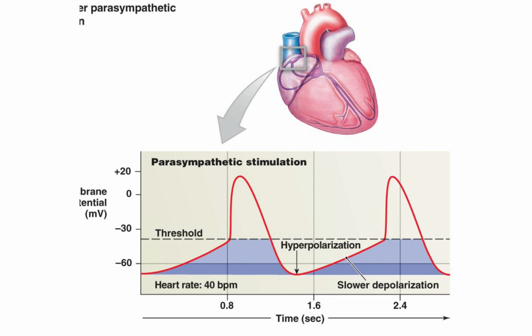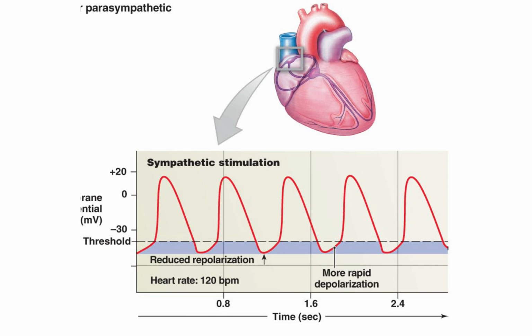The autonomic nervous system can alter the heart rate. This shows what happens with parasympathetic stimulation. It's going to open potassium channels, which causes a slower depolarization. The open potassium channels are going to lower the resting membrane potential down, and it's going to take longer for the heart to generate a new action potential. So that slows the heart rate.